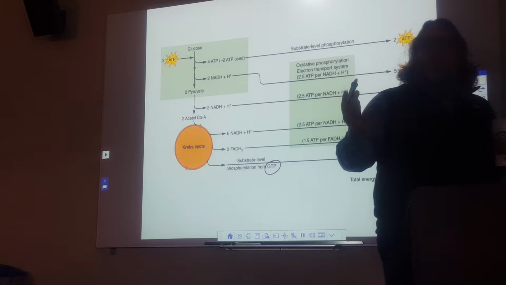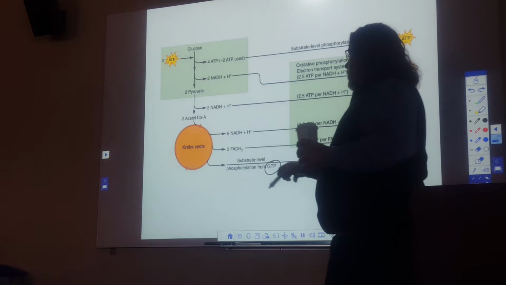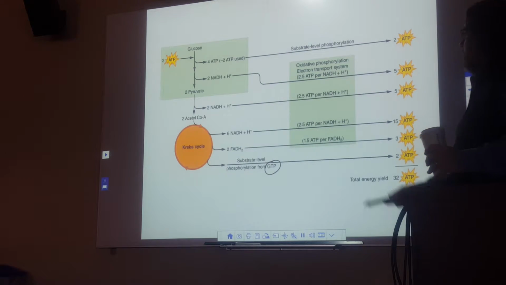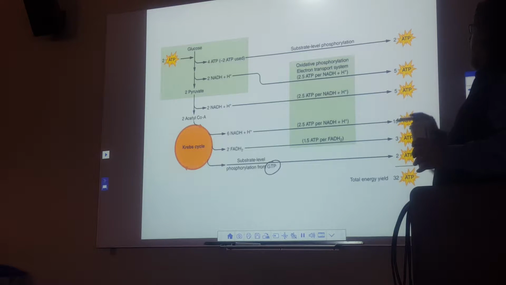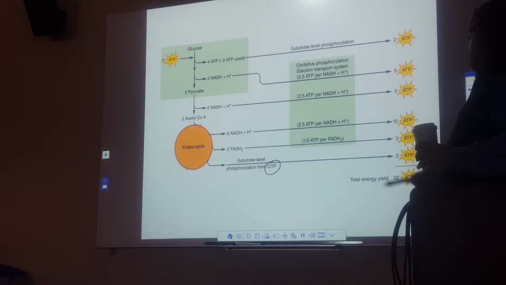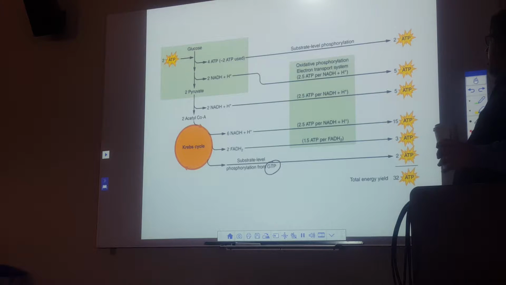GTP that then's converted to what? ATP. Correct. Okay? So if that goes around twice, double it: 6, 2, and 2. So do we get those numbers? Yep. Take the NADH, 6 times 2.5 equals 15. 2 FADHs times 1.5 equals 3. And then those 2 GTPs that are converted to ATP gives you 2.